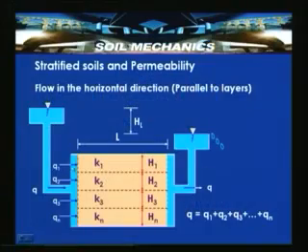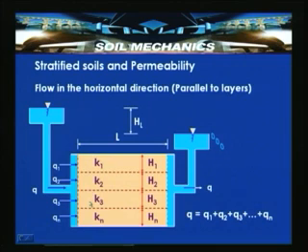So, in this case, though we have n layers, the flow entering the soil layer is Q, which is divided into Q1, Q2, Q3, Q4 to Qn. Q1 is the rate of flow passing through the first layer, Q2 is the rate of flow through the second layer, and Qn is the rate of flow through the nth layer.